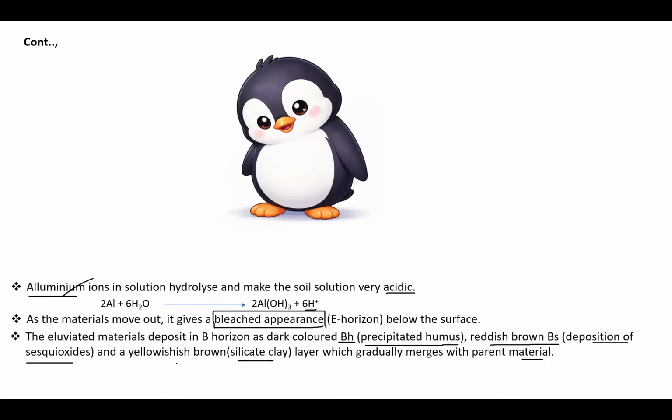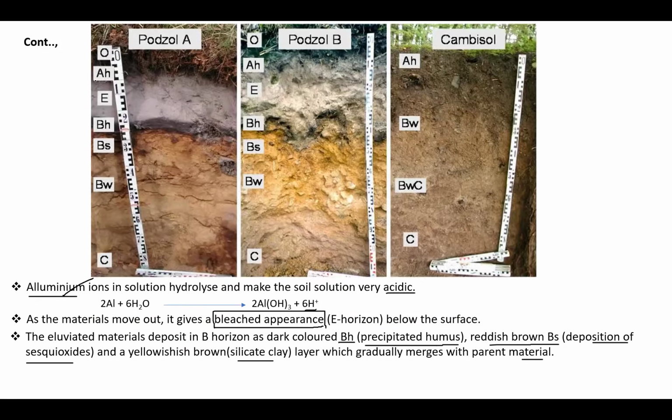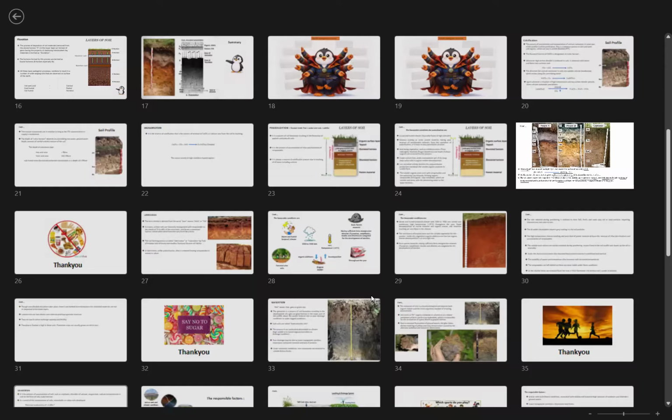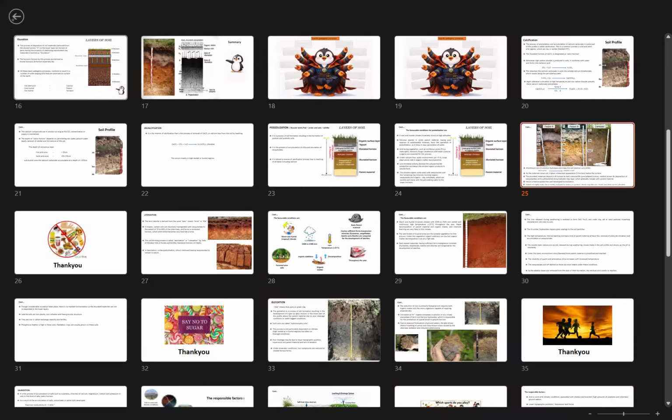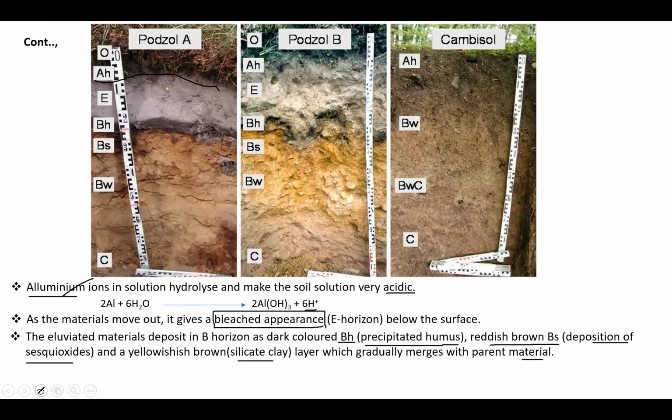How it looks, let us see some images here. Due to the intense leaching, this layer becomes gray in appearance, and this is called the podzolic layer.